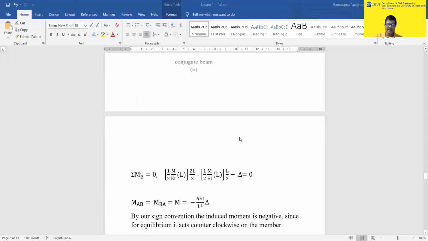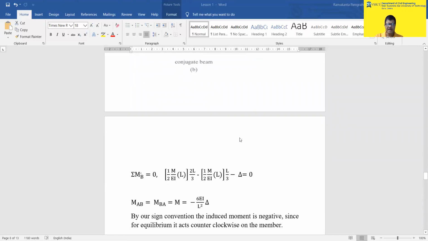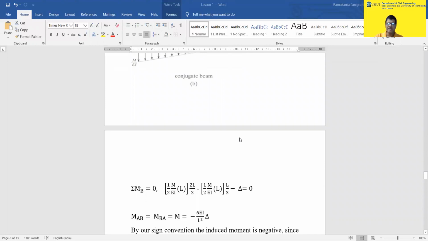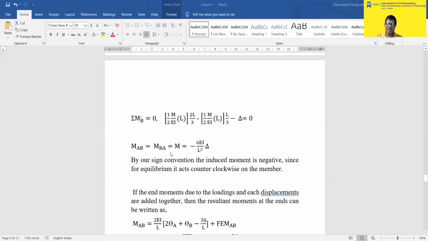Now calculate these values. If you take this equation, sum of moments about B equals 0, and try to solve this problem, you will find out that MAB is equal to MBA, which is minus 6EI delta by L square. So this is important: 6EI delta by L square. Why is it negative?